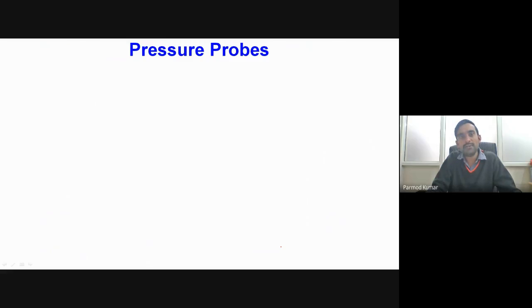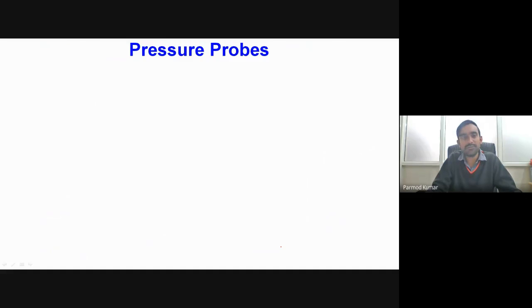Okay, so while we insert different types of pressure probes inside our flow field, depending upon the orientation of the pressure probe with reference to the direction of the flow, we may have different types of inaccuracies or errors which will be induced in the measurement of the pressure.